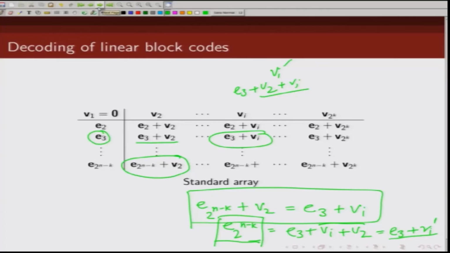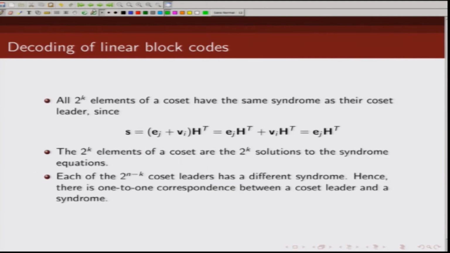This row corresponds to E3, this E4, this one E raised to power 2 raised to n minus k. So, each row corresponds to a different syndrome, but within a row the syndrome is the same. So, in other words, you can map one syndrome to one row, or you can map one syndrome to one coset.